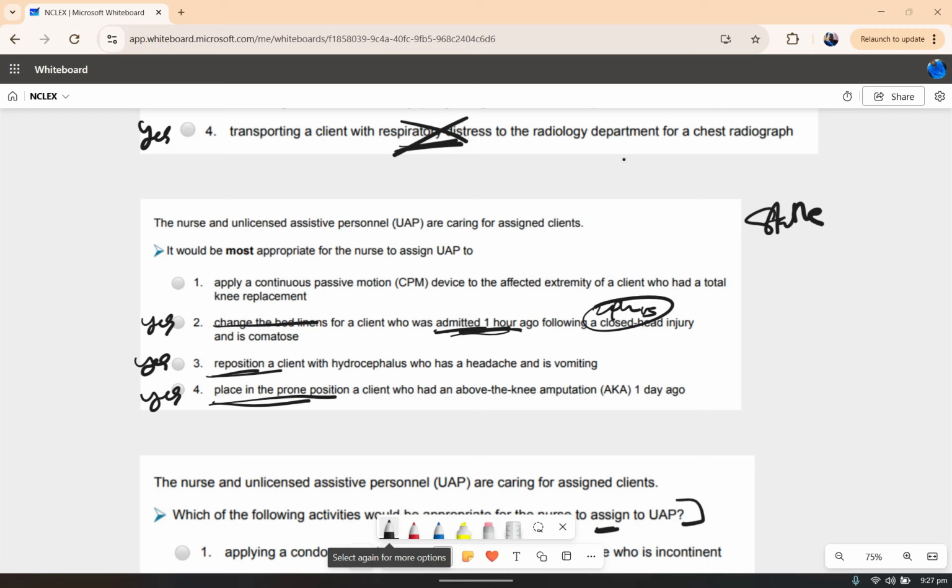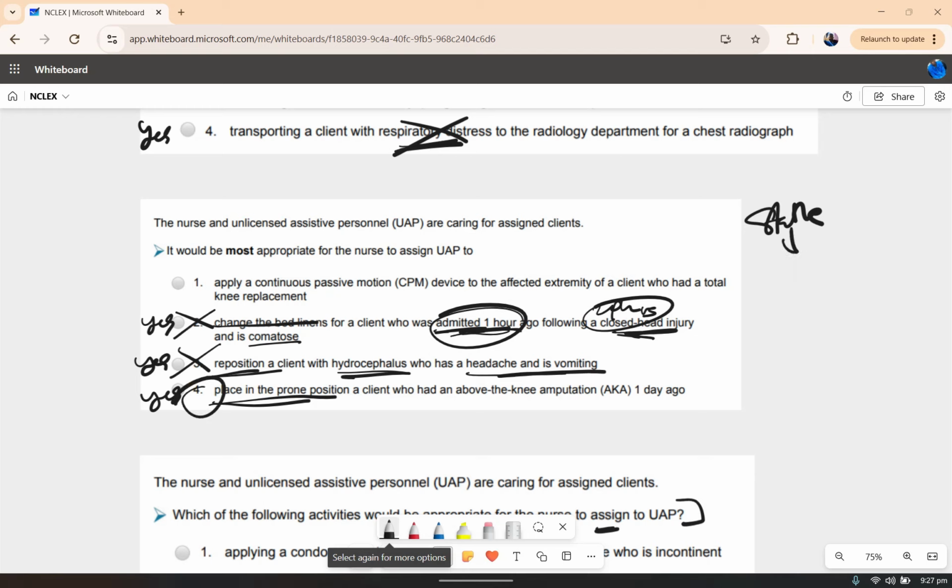And obviously they have a closed head injury and they were comatose at the earlier point of admission. So this patient is definitely not stable. Now this patient, this is their condition and they are currently having headache and vomiting. This patient is not stable, so you are left with number 4. So obviously number 4 is stable.